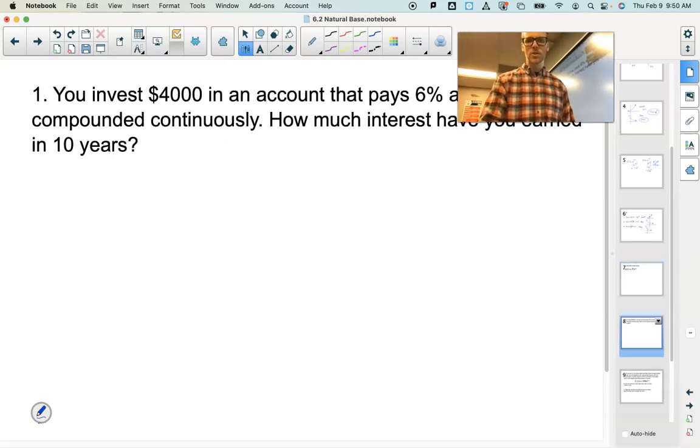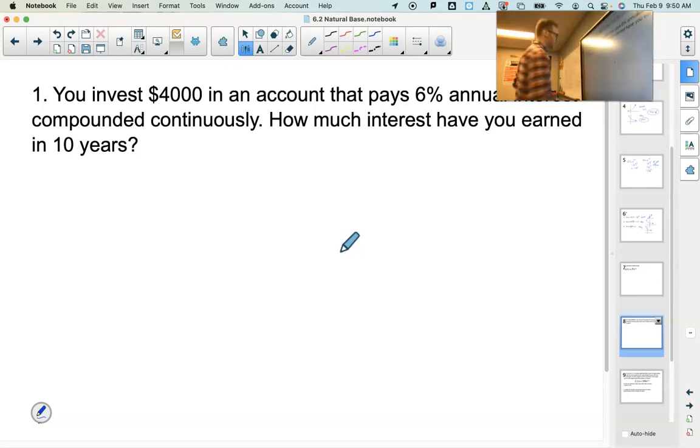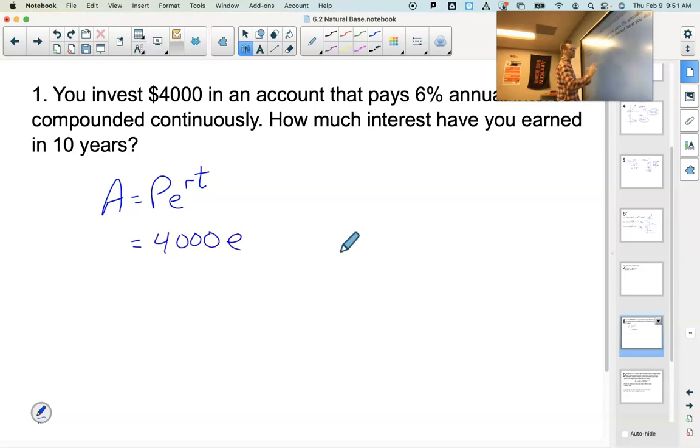So let's look at a situation where you invest $4,000 in an account that pays 6% annual interest compounded continuously. How much interest have you earned in 10 years? So our new formula for compounded continuously is P e to the rt. We are going to take our initial investment of $4,000 times e, our rate is 6%, and we are going for 10 years.